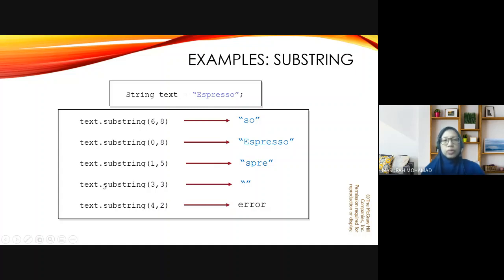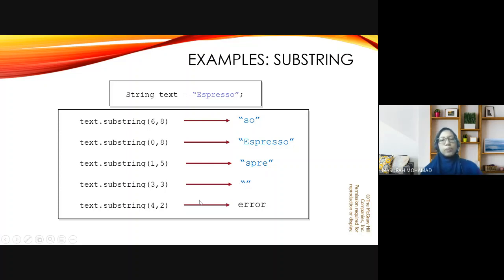We have text.substring(3, 3), so i equals 3 and j equals 3. We start with 3, where the text is 0, 1, 2, 3, R. However, j is 3, which is supposed to be minus 1, which is 2. So there is no output to be displayed. That's why the output is empty.